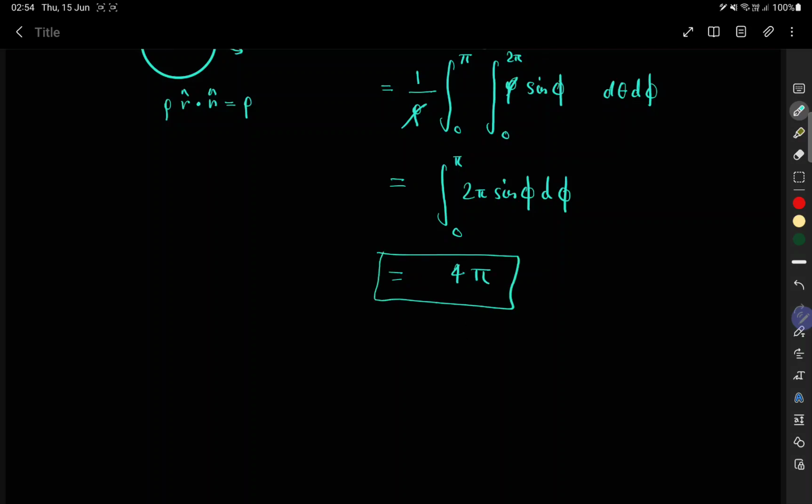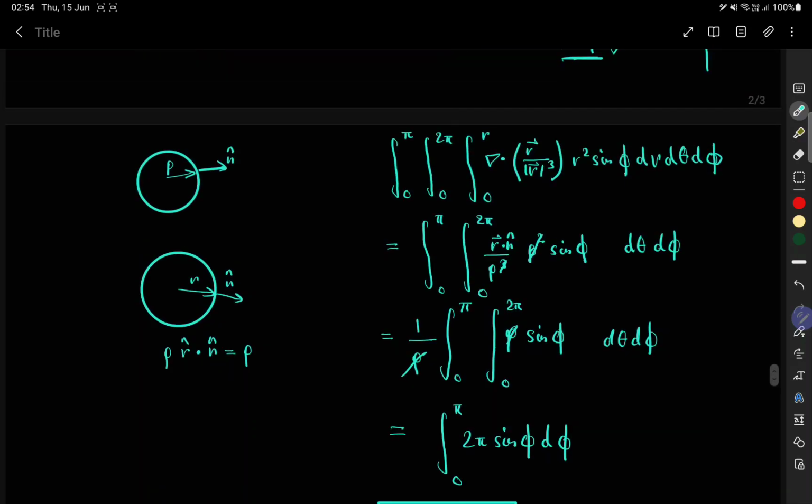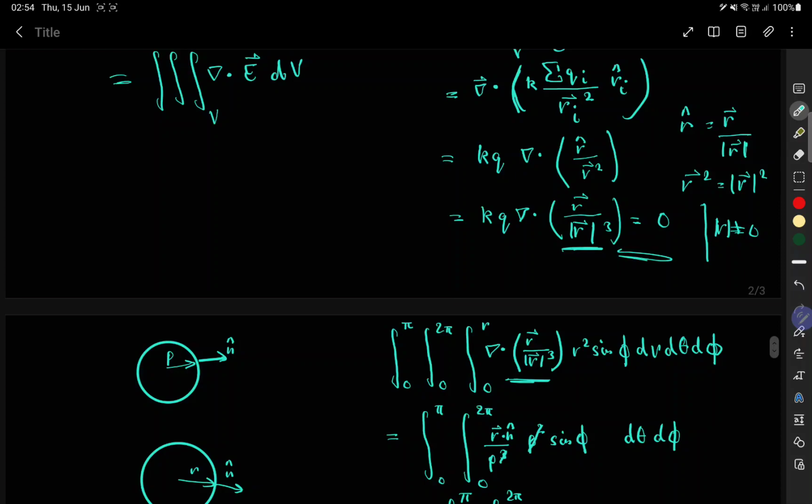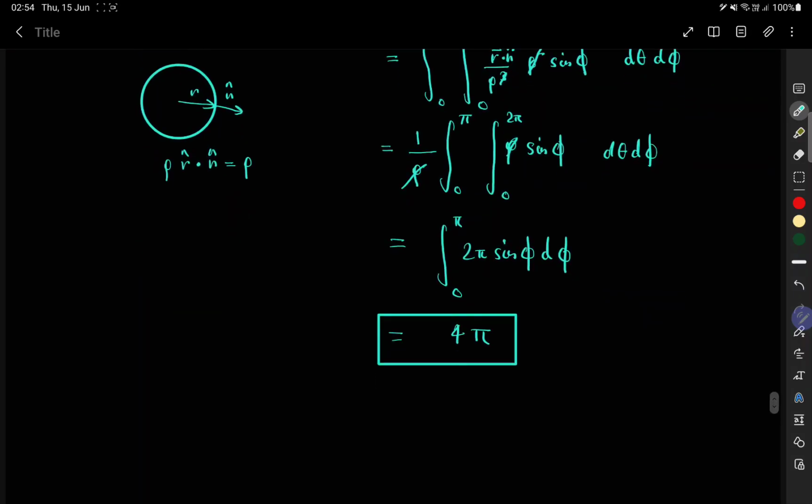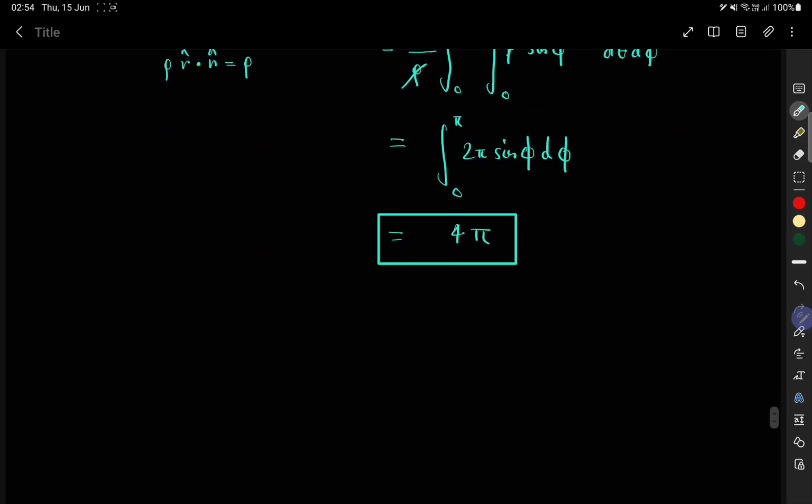Now, we found this quantity to be 0 earlier, but we just showed that if we integrate this, we get 4 pi, which means something is up. You can't just get some quantity randomly like this.